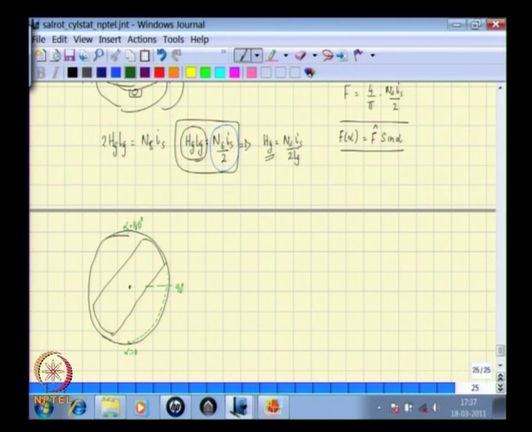Now the maximum value of MMF occurs at alpha equal to 90 degrees.